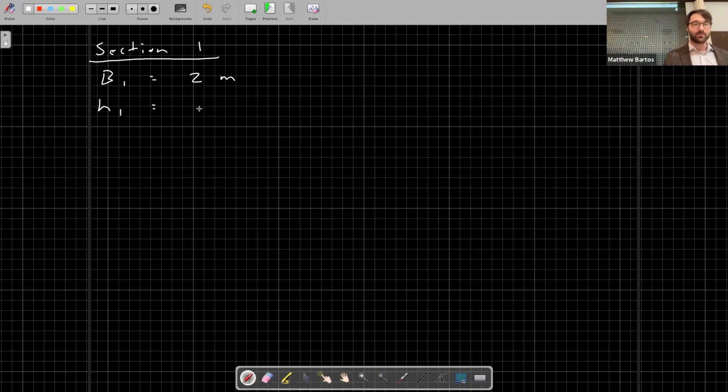H1, the height of that trapezoid, is 1.5 meters. B2, the top width, is 6 meters. H2, the height of the rectangular portion above the trapezoid, is 2 meters. And the side slope of the trapezoid is about 1.33.